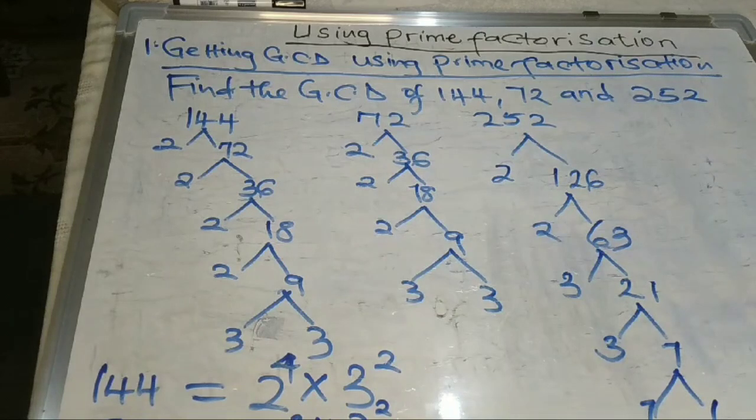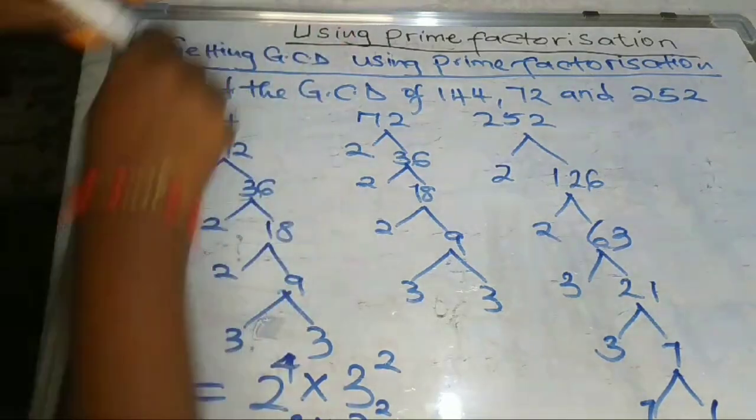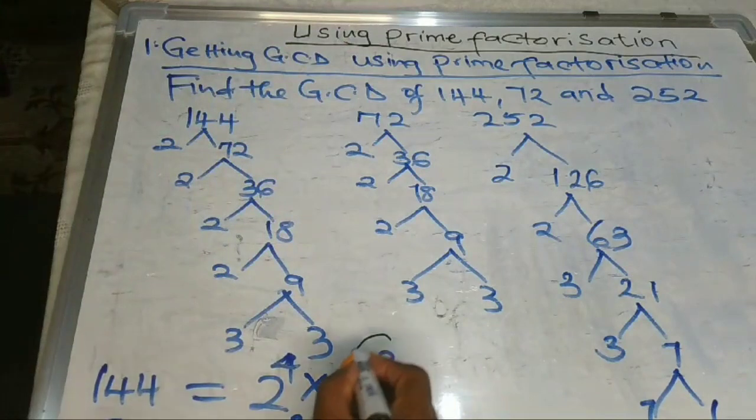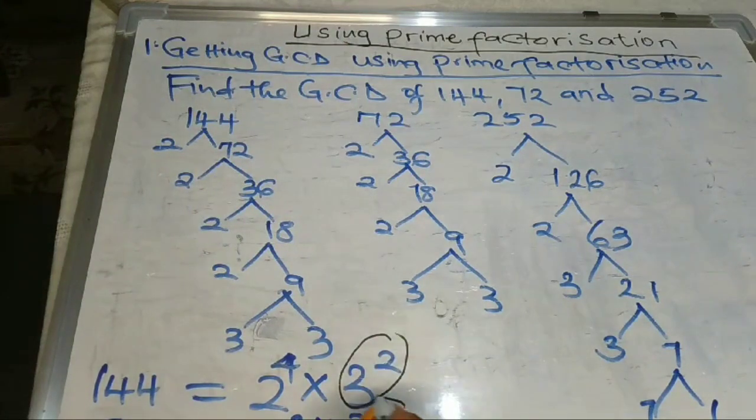So you notice that in all these factors we have 3 to power 2 in all cases. We have 3 to power 2 here, we have 3 to power 2 again, 3 to power 2. Then we also have 2 to power 2 in all cases.